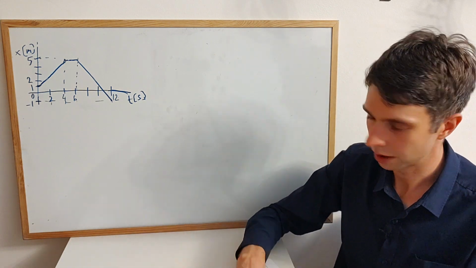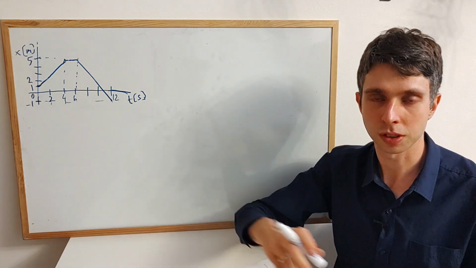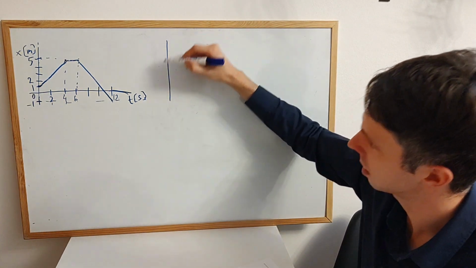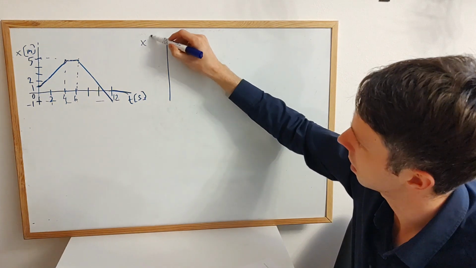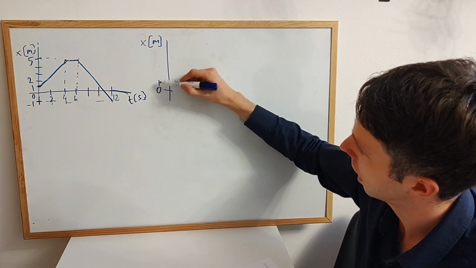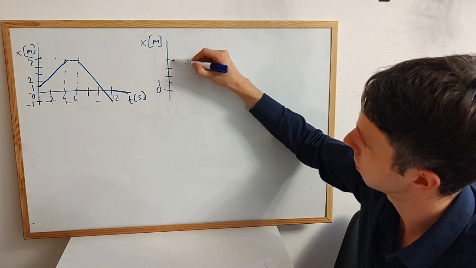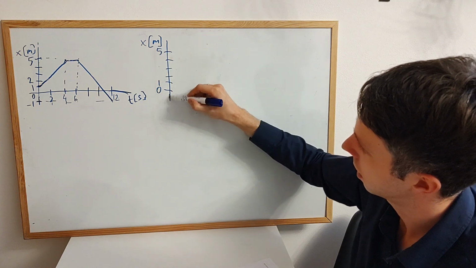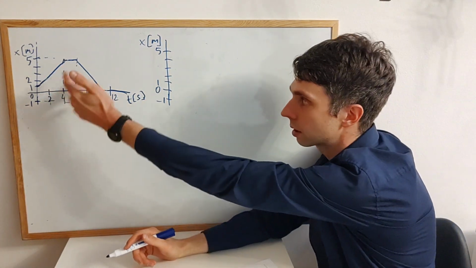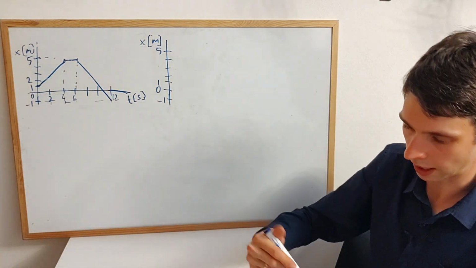Again, it's not illumination, you can see this. Let's draw just the x-axis, x in meters, 0, 1, 2, 3, 4, 5, and -1 here. So this is like projecting this onto the x-axis.